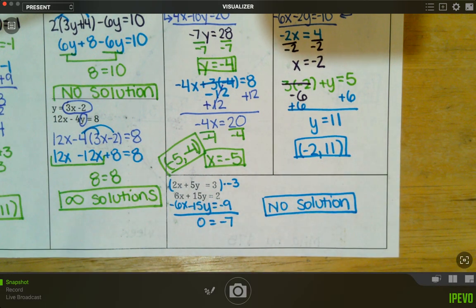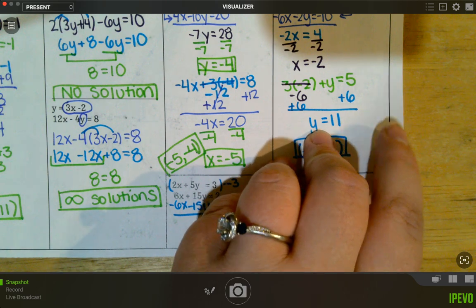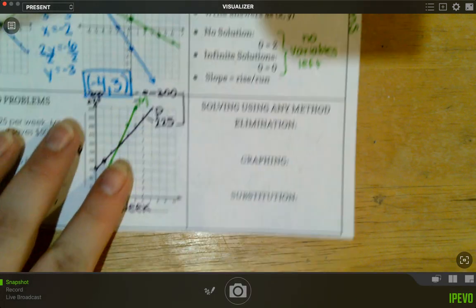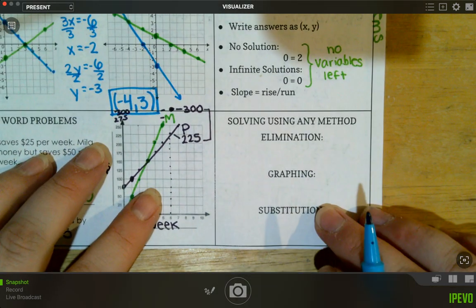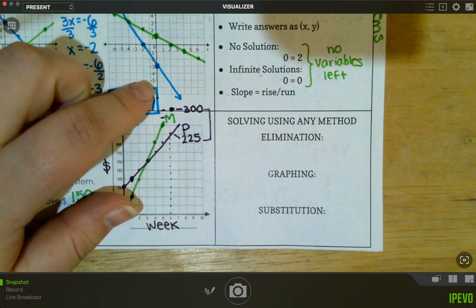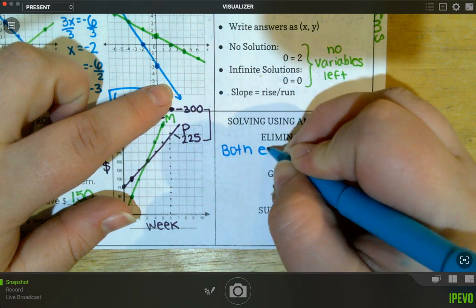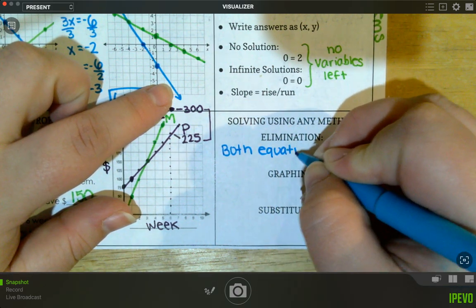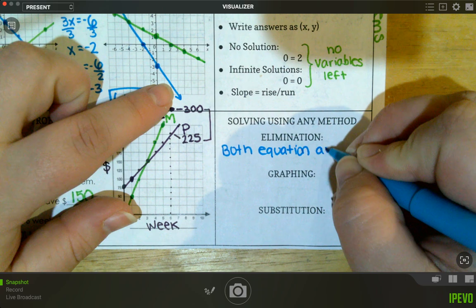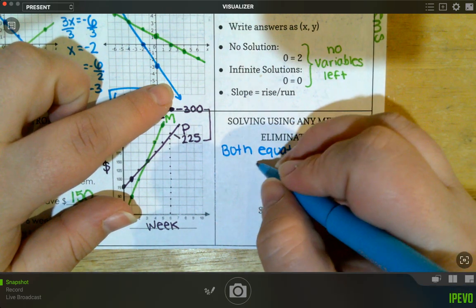Okay, last thing we're going to talk about is on the front side again, and that is the elimination, graphing, and substitution. Use elimination when both equations are like this.